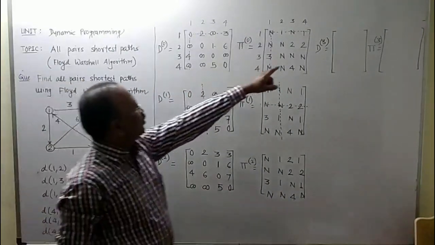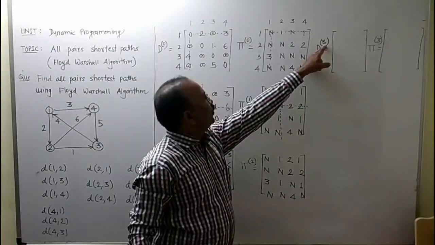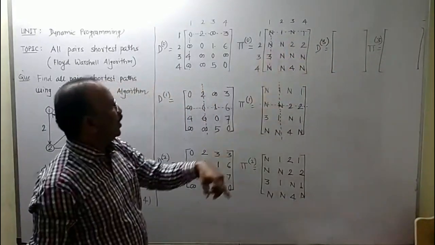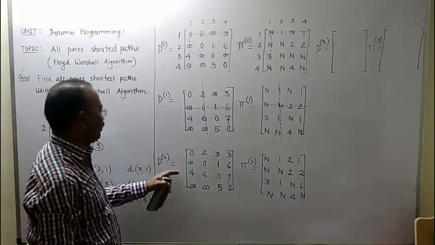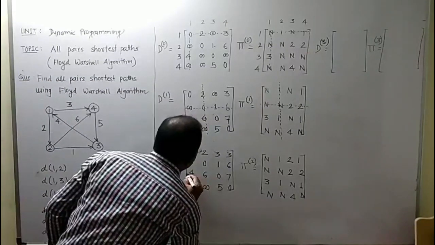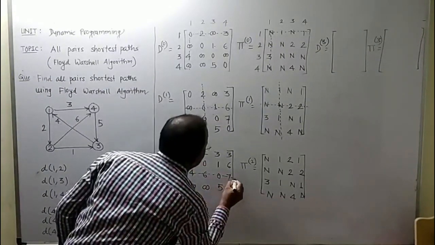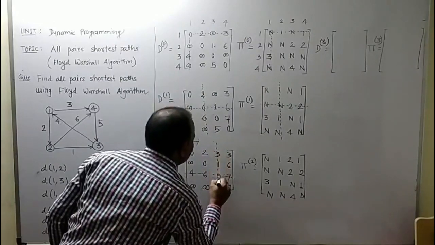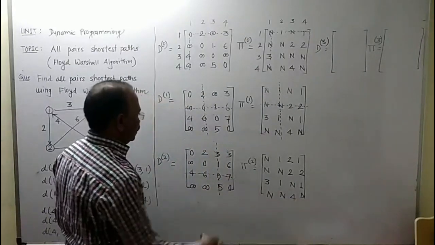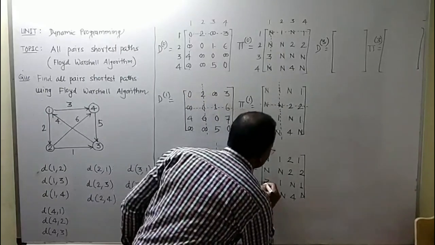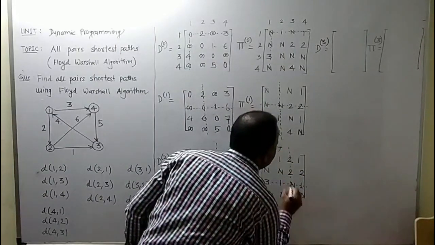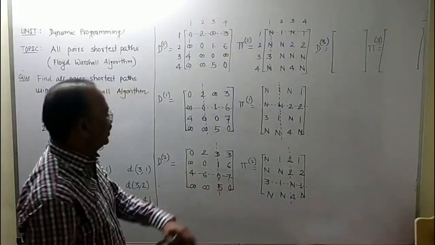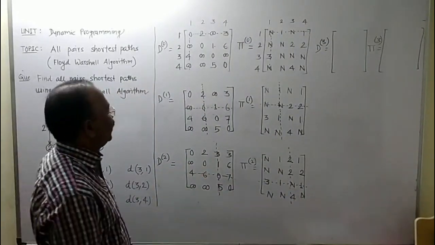Now here k is equal to 3. We have to set the third row and the third column of the previous matrix. So this is the previous matrix. This is the third row and this is the third column. Similarly for pi 2, this is the third row and this is the third column. So write this as it is in D2 and pi 2.